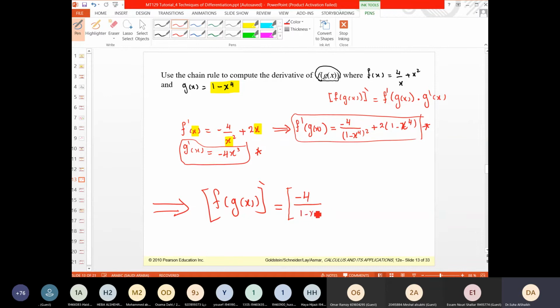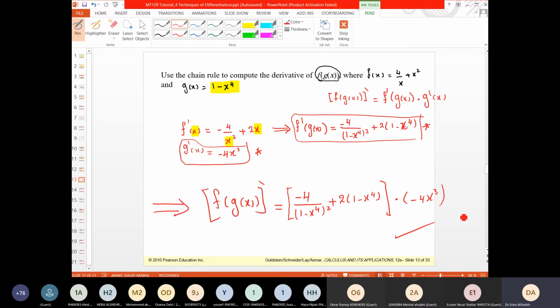It is minus 4 over (1 minus X4) square plus 2 times (1 minus X4), multiplied by minus 4X cubed, and this is the solution. Is it clear now? From my side, this is all I can clarify.